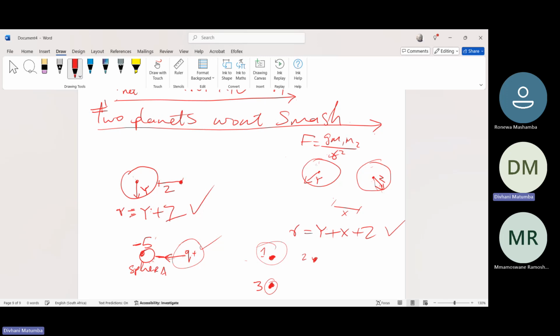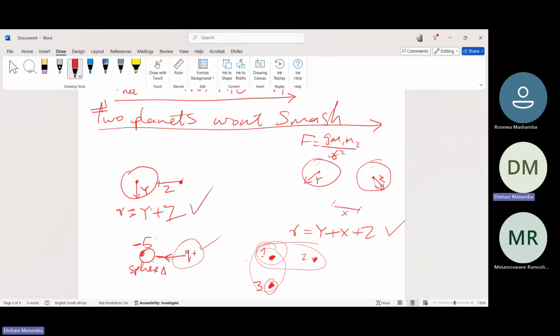What is it that we consider? So we are going to separate the two. You're going to consider the force of 2 on 1 first, and then you'll do the force of 3 on 1. That's true. And then at the end, we determine the resultant.